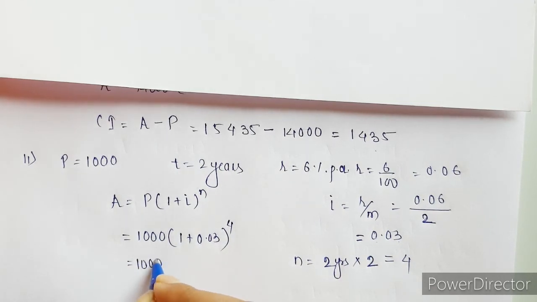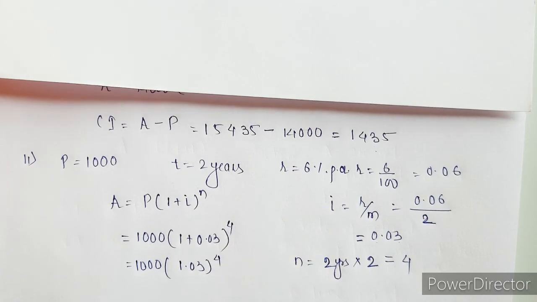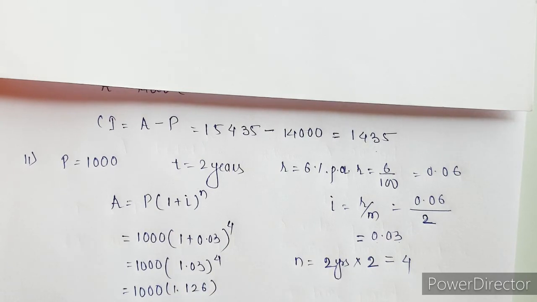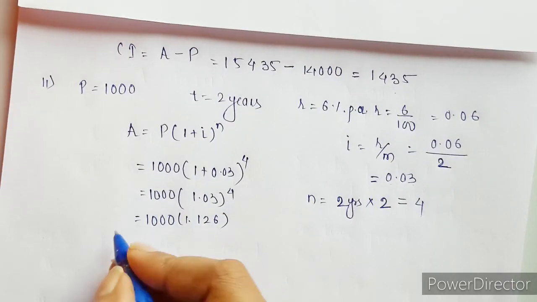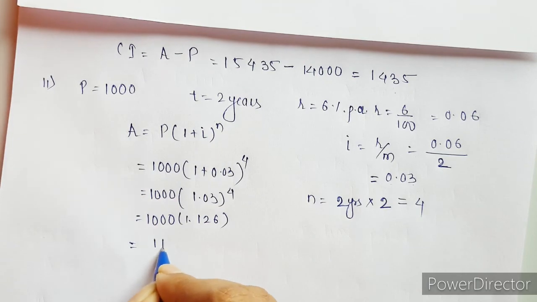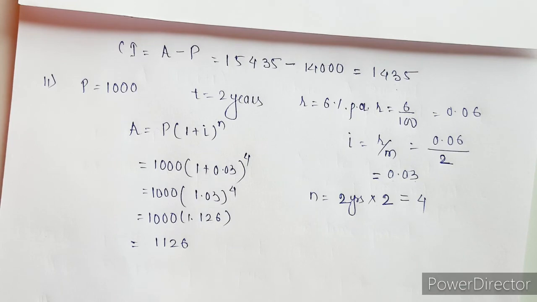This can be written as 1,000 into 1.03 raised to power 4. 1.03 raised to power 4 is about 1.126, and after multiplying we get 1,126. This is the amount after 2 years.